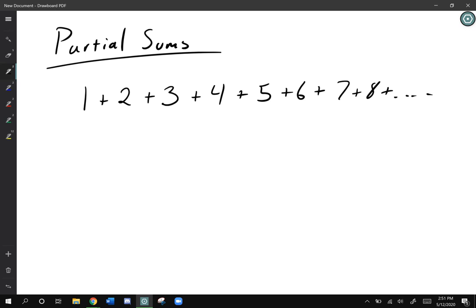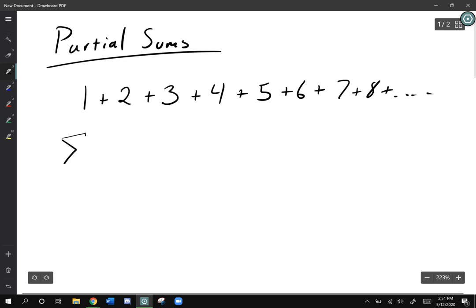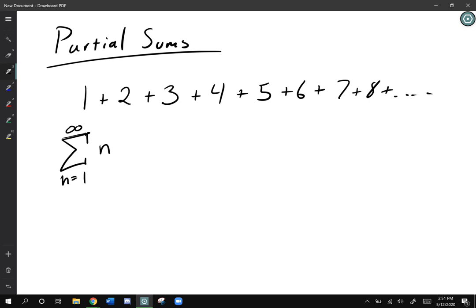If we were to put it all together in summation notation, it would look something like this: the sum from n equals 1 to infinity of n. You just add them all together. The idea of partial sums is that you can sum together some of it.